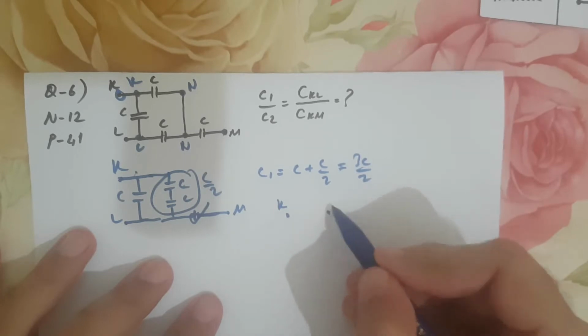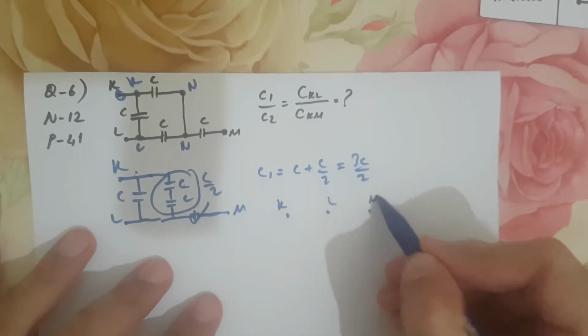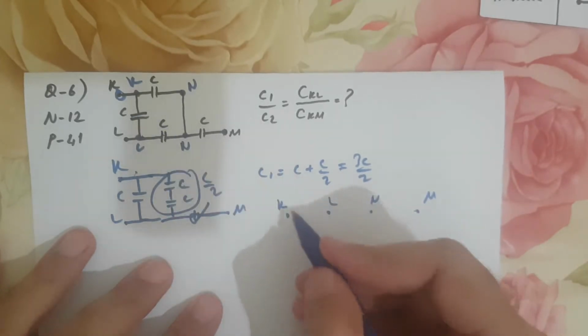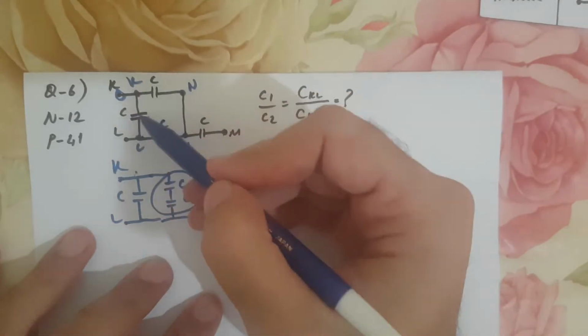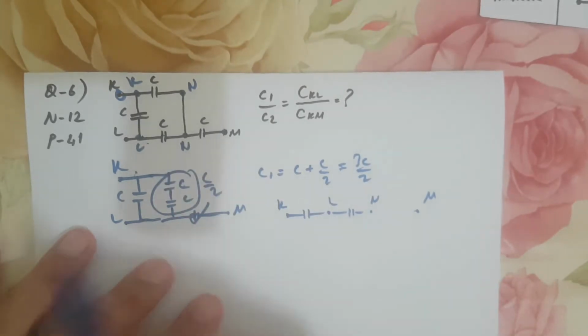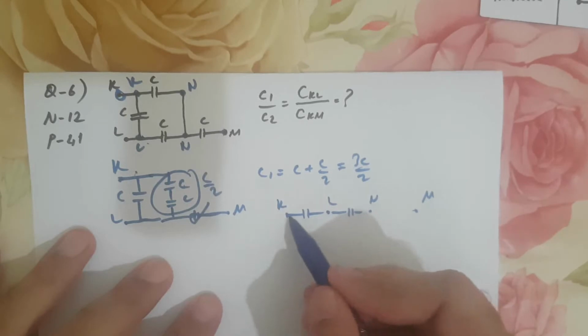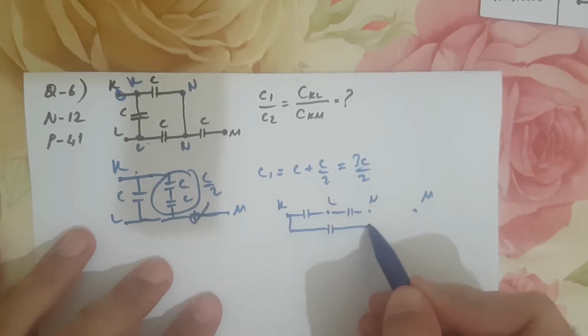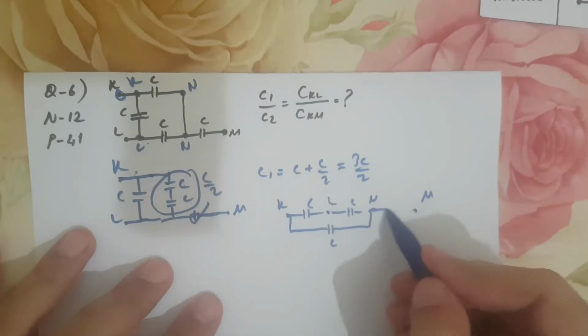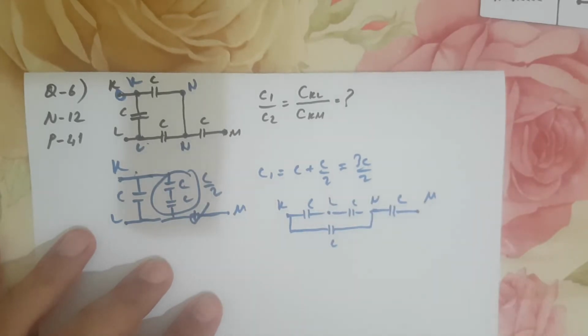K, L, N, M. What's between K and L? There is one capacitor here. And what about LN? There is one more capacitor here. What about KN? There is one more capacitor here. And then what about NM? There is one more here. So all becomes like that, that is the circuit.